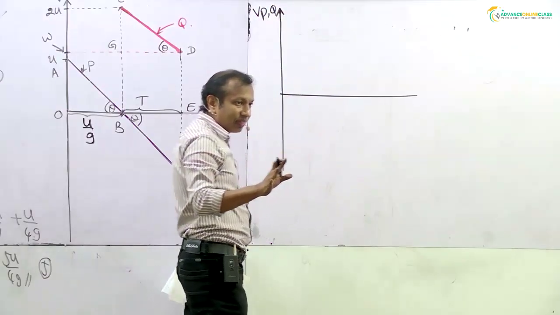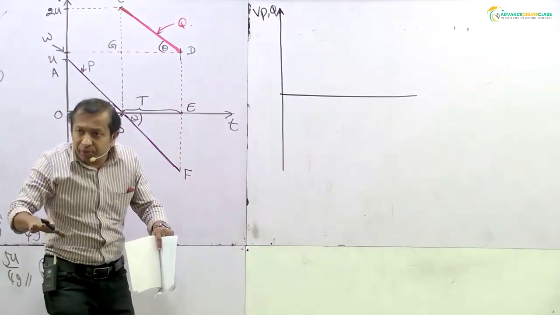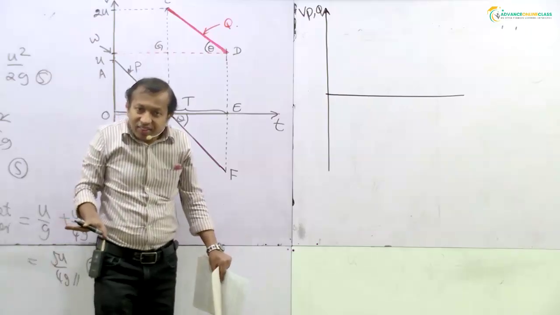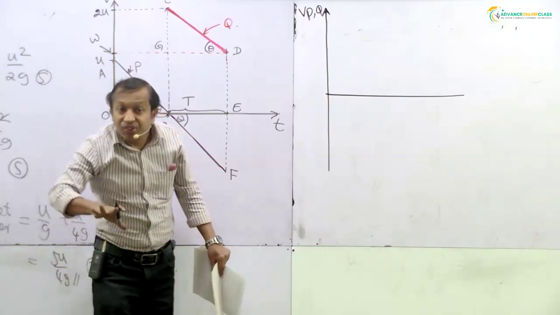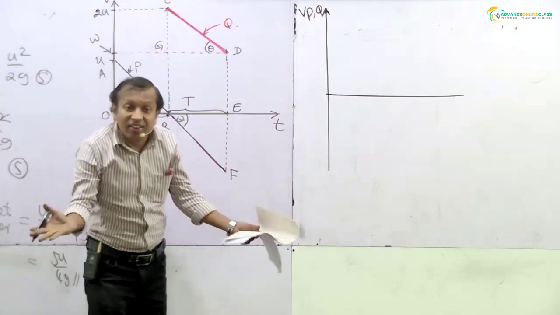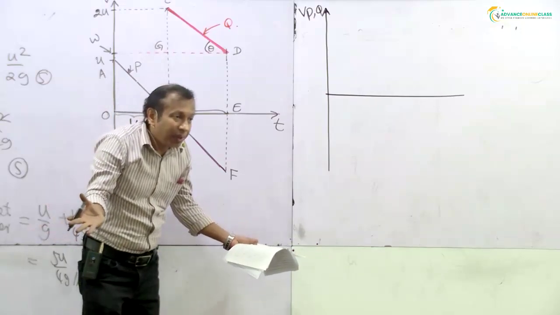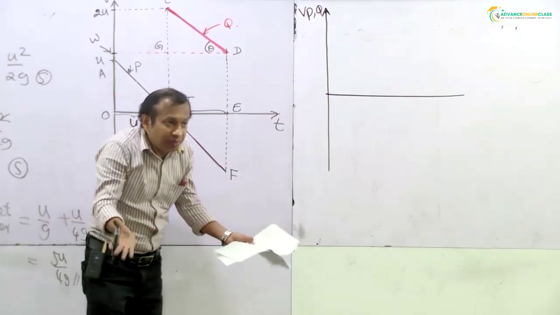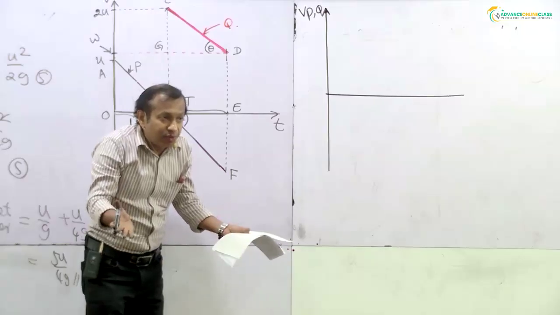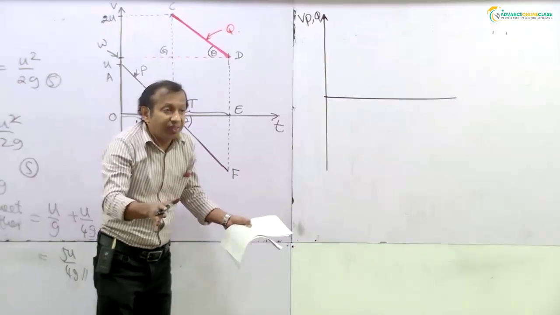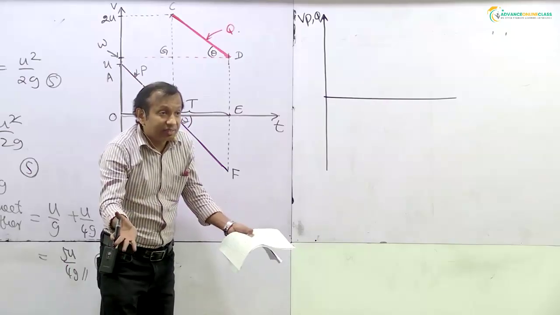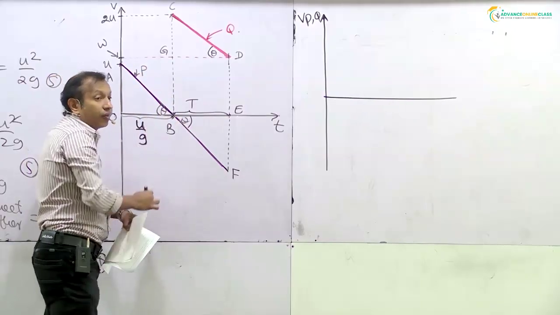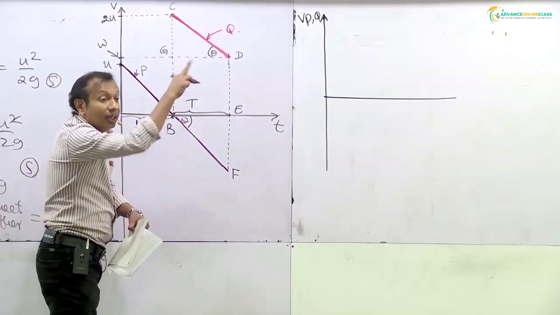Am I correct? Until particle P goes to maximum height, Q is resting on the earth. Then that motion of P, since Q is resting on the earth, is the velocity of P relative to Q. That means the VT graph of P relative to Q is the same as the VT graph of P relative to earth until it moves to the highest point.